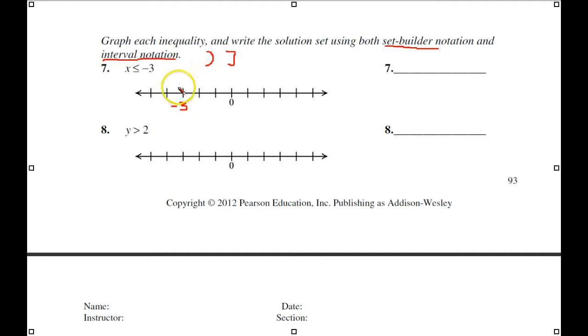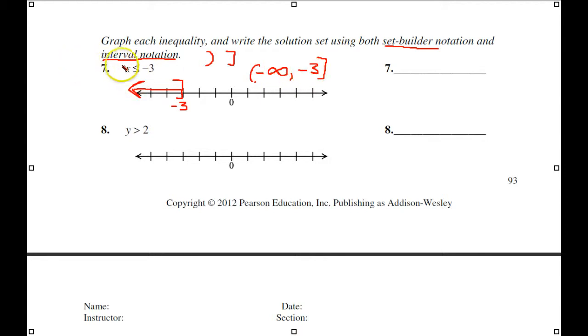And the answer is a bracket. And we darken this and put our arrow. So there's the graph. Now, interval notation will be from -infinity, that's where this is coming from, out here, up to a -3, and we just take it right from the graph. And there's our interval notation.